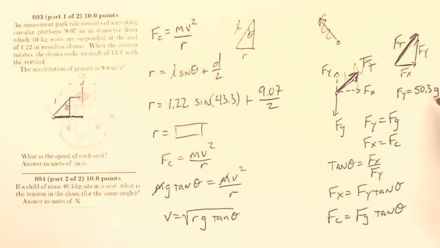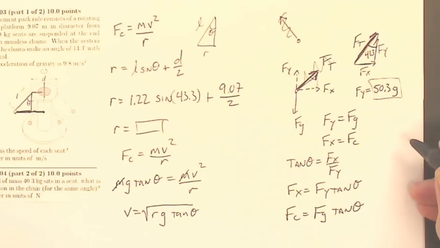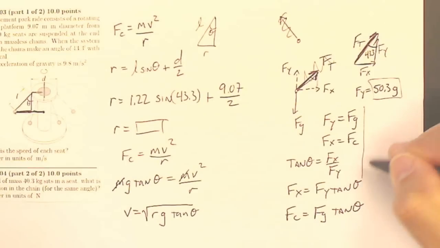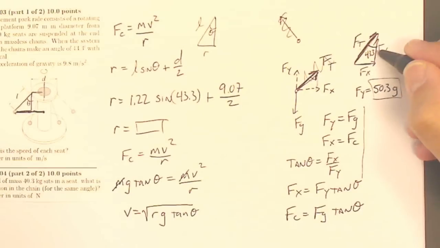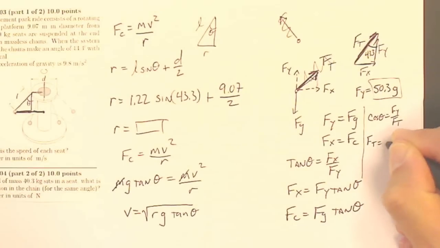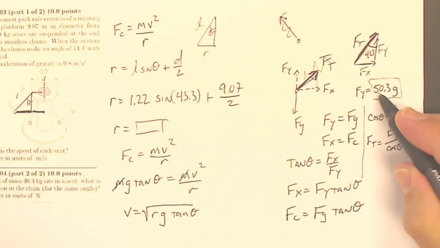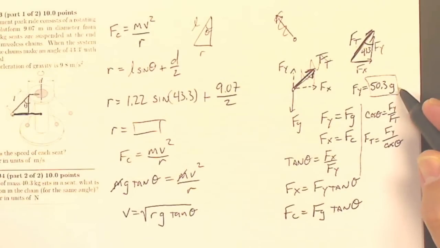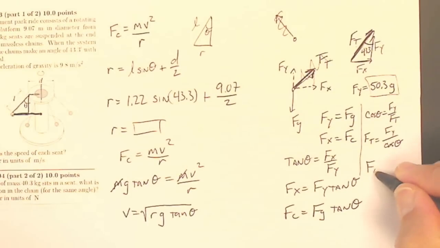If I know this is 50.3 times g, and I know this is 43.3 degrees, I can figure out what the tension is because the cosine of theta is going to be Fy over Ft, so Ft is going to be Fy over cosine theta, and the force of y is going to be the total mass times the acceleration of gravity, and the theta I know, so there is my force of tension in the chain.